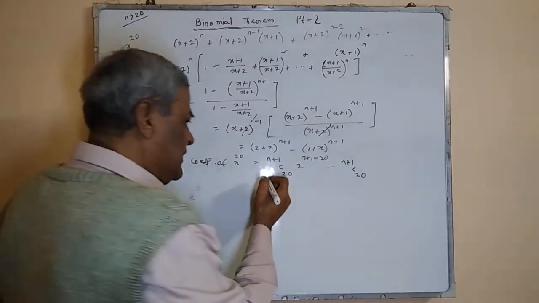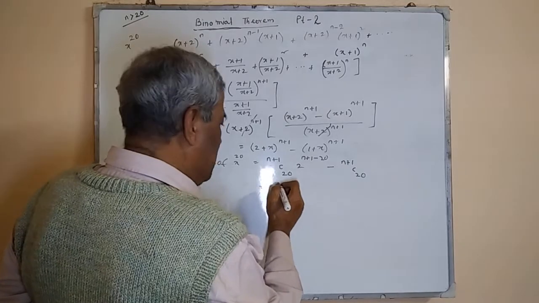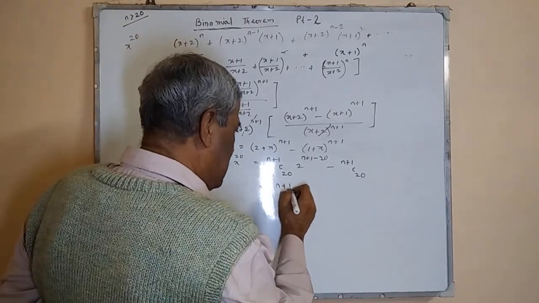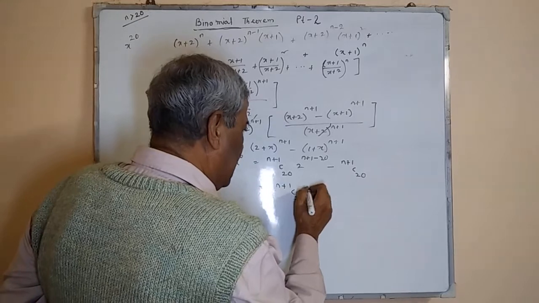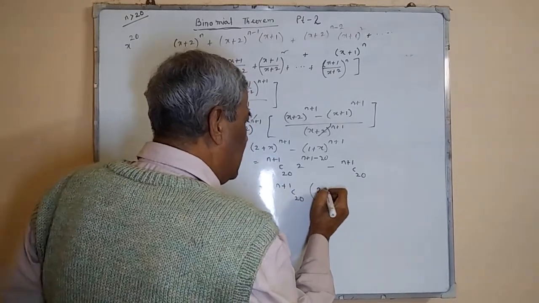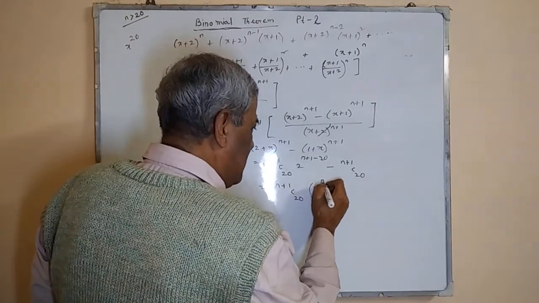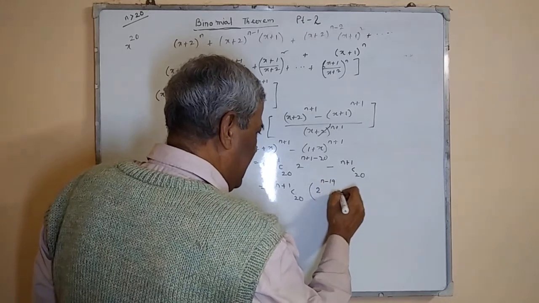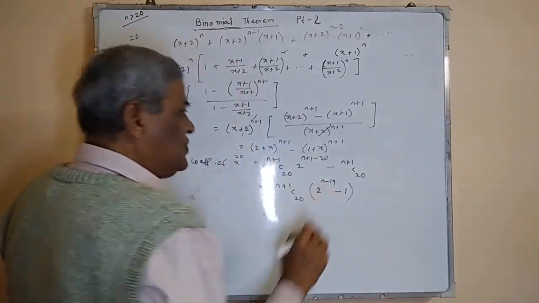So actually this is the answer. We can simplify it: (n+1)C20 into (2^(n-19) minus 1), and this is the answer.